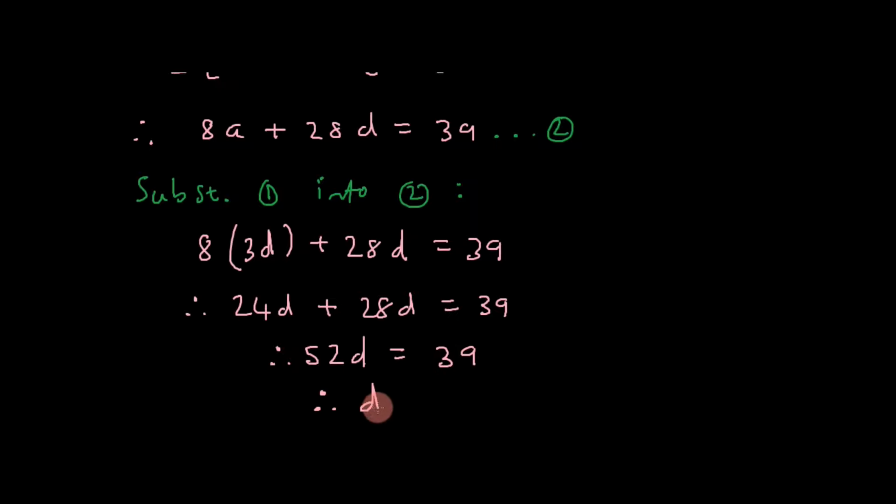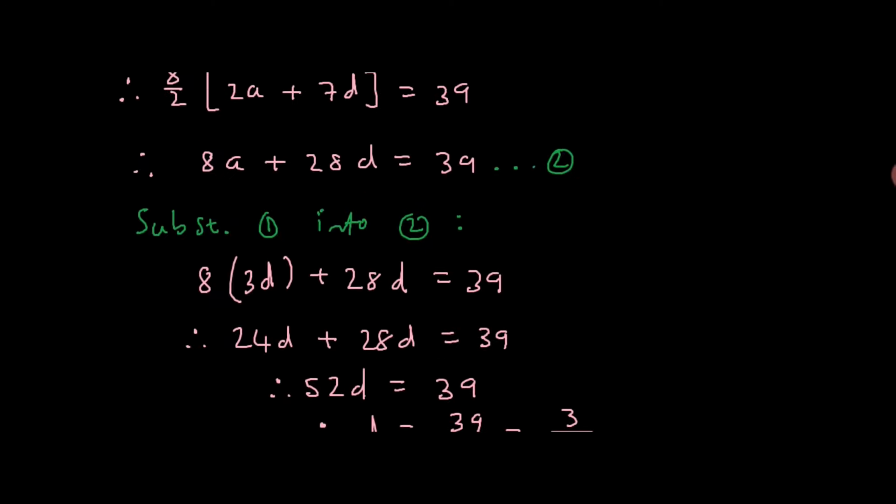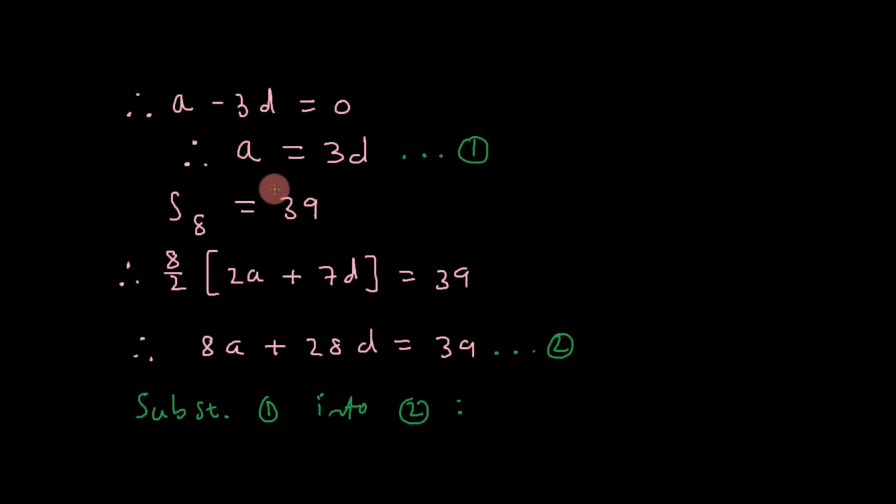And then we can solve for d easily. It's 39 over 52. And we can simplify this, 13 into 39 3 times and into 52 4 times. So d is 3/4.